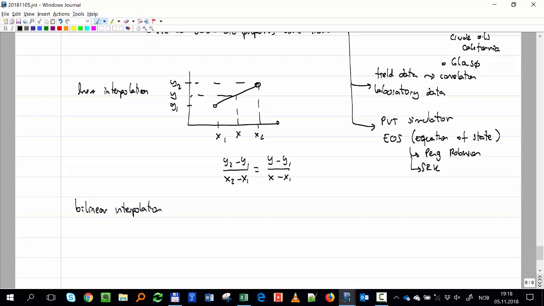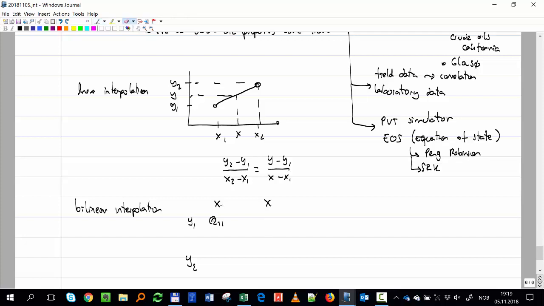Basically we have x1 and x2, and now we have 2 dimensions, so we also have y1 and y2. Let's call the value z.